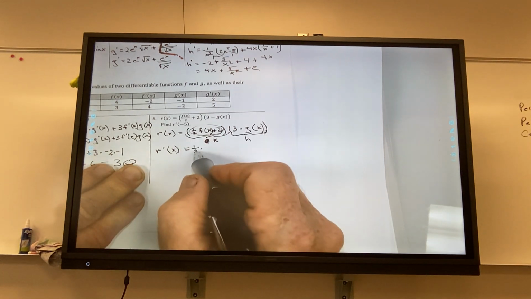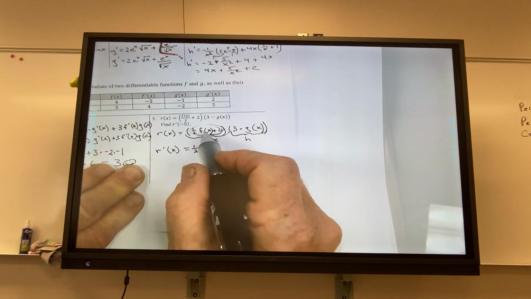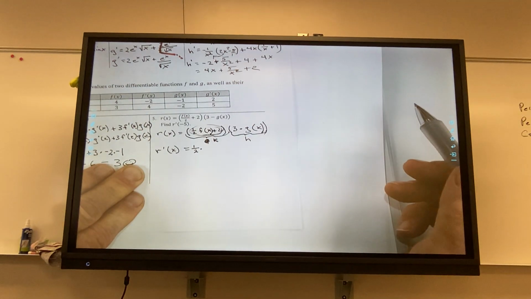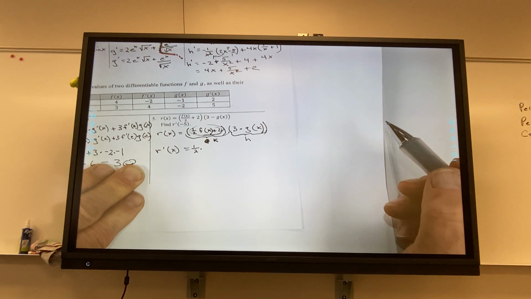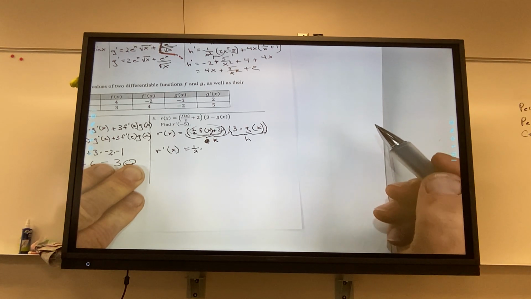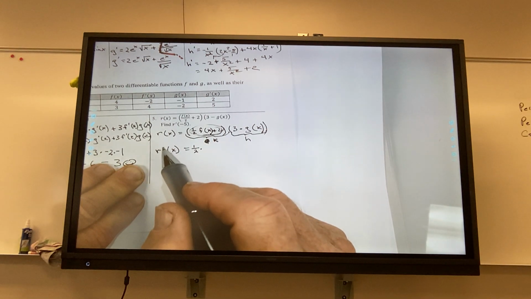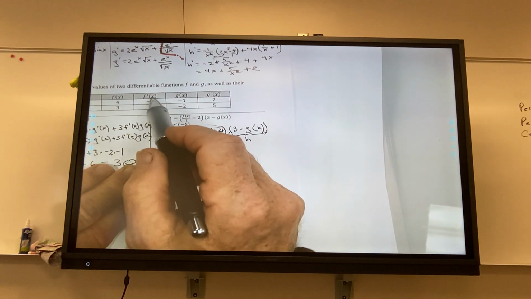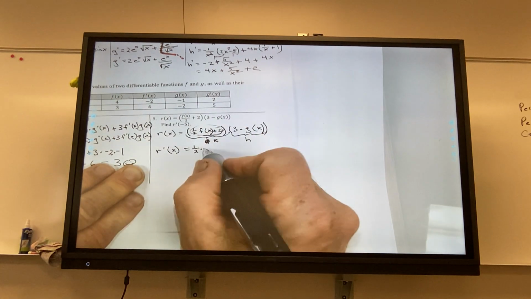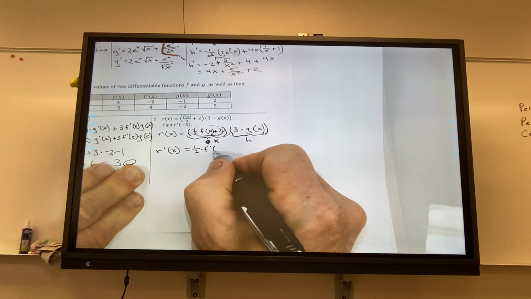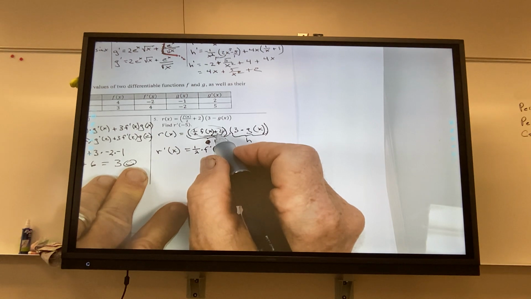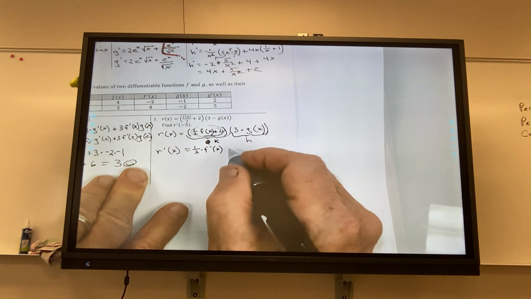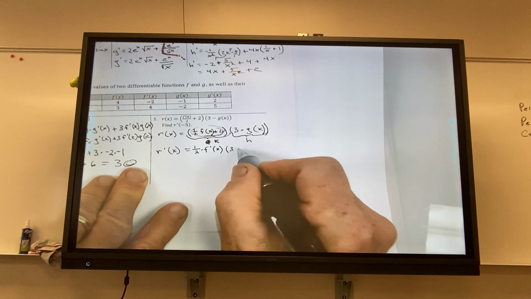The 1/2 just tags along. The derivative of f I write as what? It's up in here in the table. Oh, yeah, that's right. You're going to say f prime, correct? The derivative of f is f prime. I'm not putting any numbers in yet. What's the derivative of 2? Nothing. So I got this times 3 minus g of x.